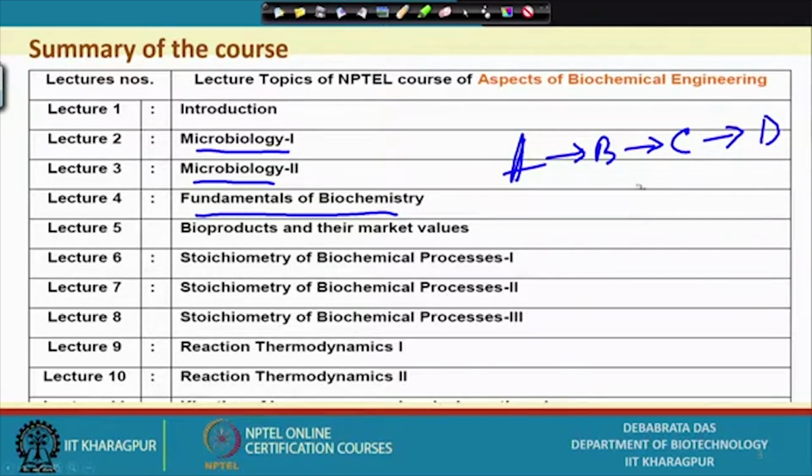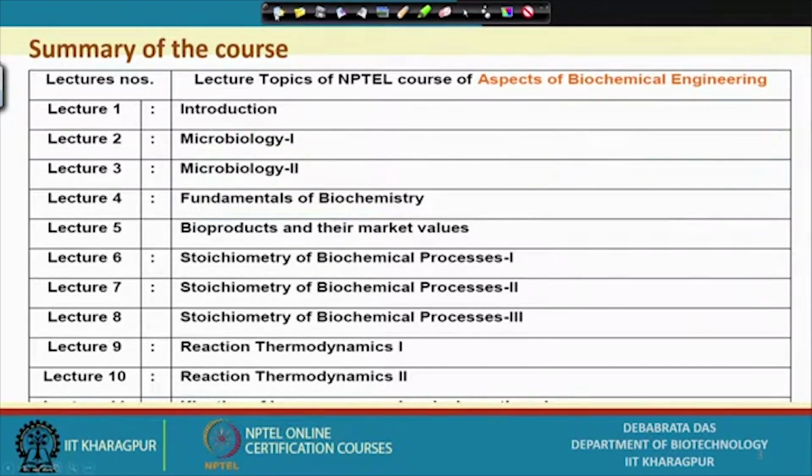You are interested in the product C. So the enzymes involved here, suppose this is E1, this is E2, and this is E3. We shall have to put some kind of inhibitor here, so that the formation of D can be reduced, so that more accumulation of C takes place in this process. So the biochemistry of the process is very important.